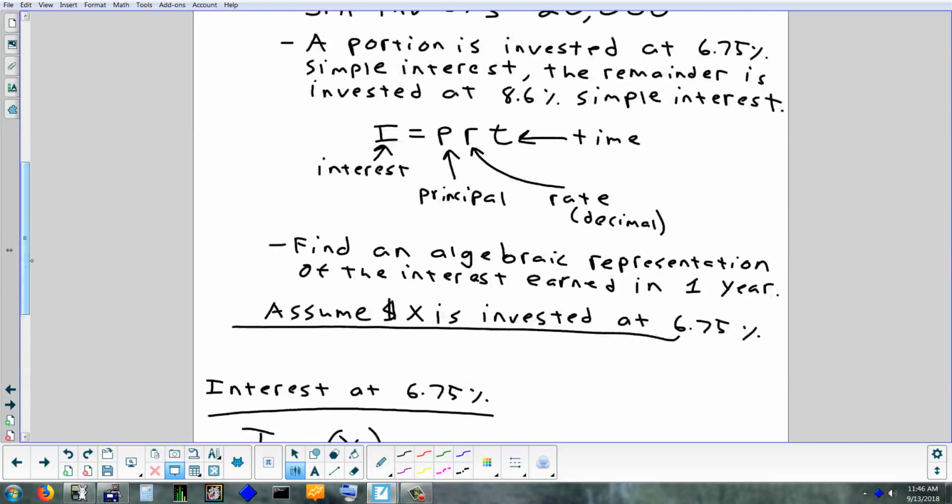So that's his principal. Now, what's the rate of this investment? Yep. 6.75 what? But what does it say the rate has to be in that formula?